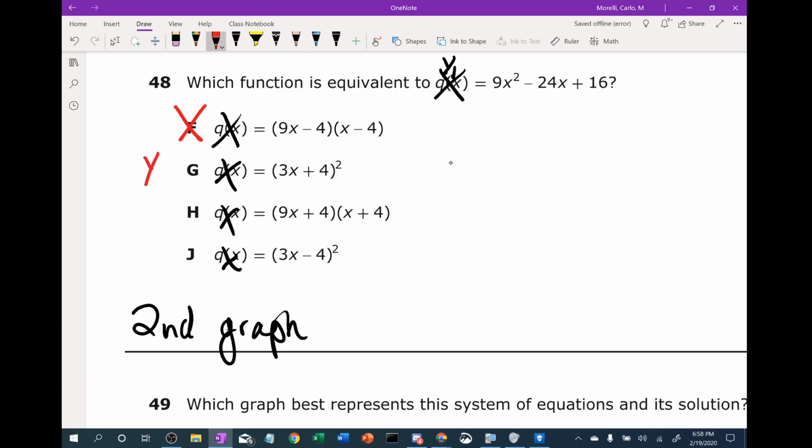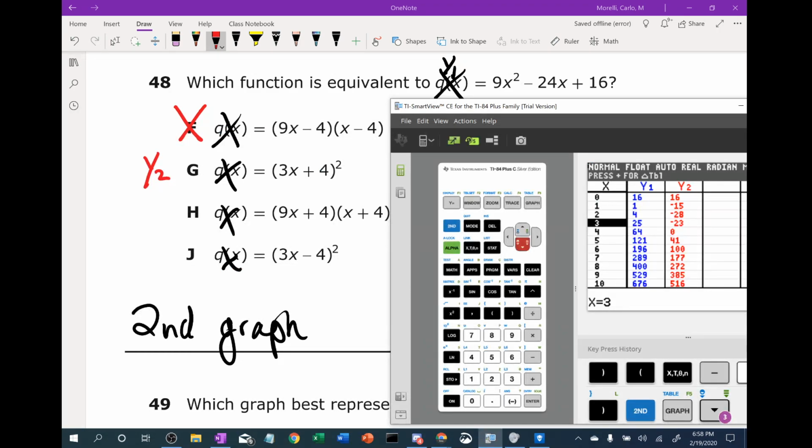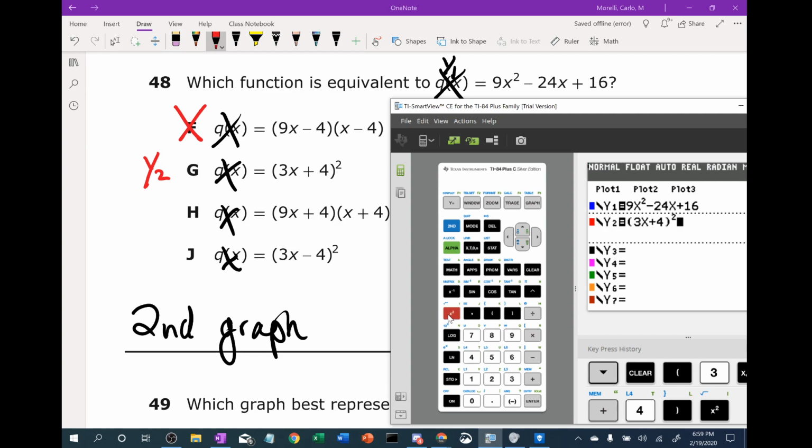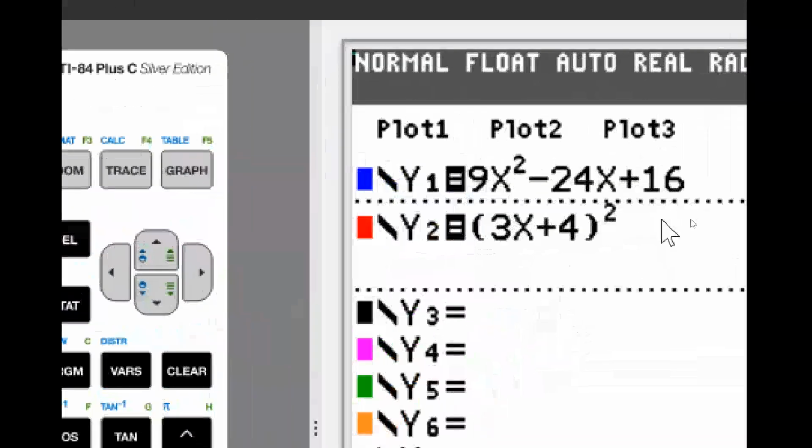I'm going to put G in Y2. So I'm going to clear out Y2 and then put open parentheses 3x plus 4, close parentheses, and then squared. All right, just like it appears. So here we go.